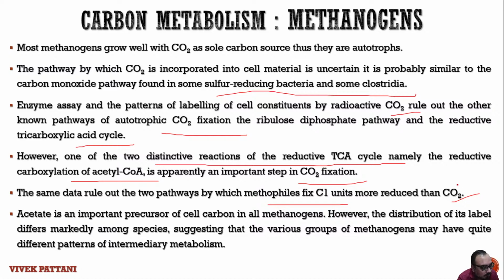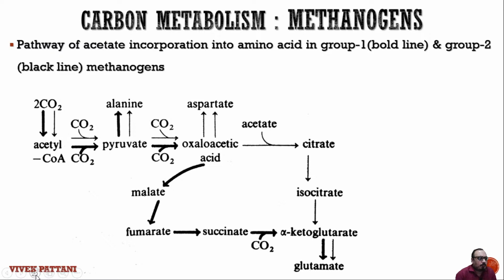And acetate is an important precursor of the cell carbon in all the methanogens. However, the distribution of its label differs among the species, suggesting that the various groups of methanogens may have quite different patterns of intermediary metabolism. They have a variety of metabolism patterns.